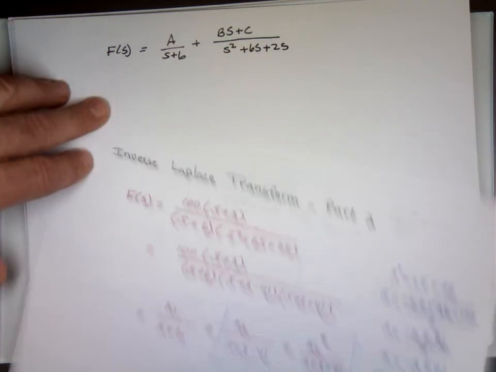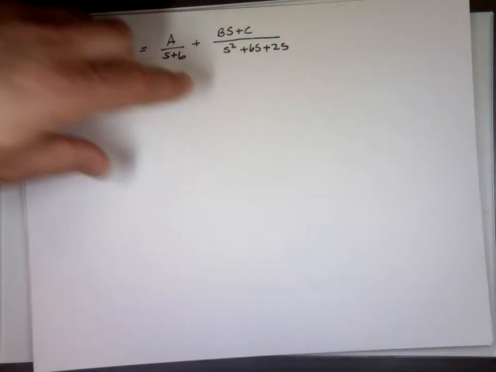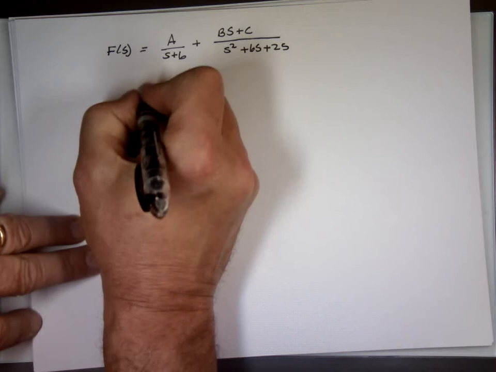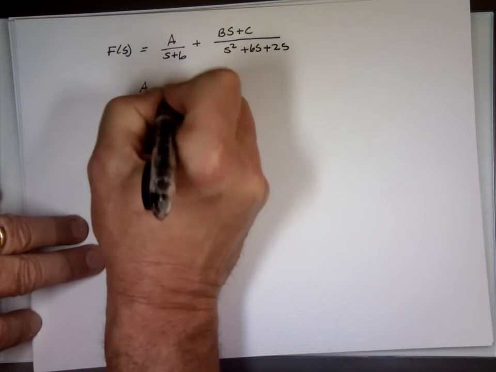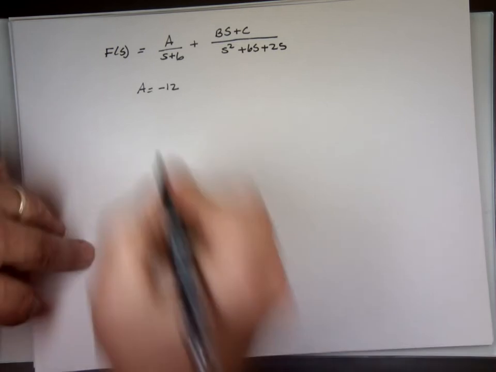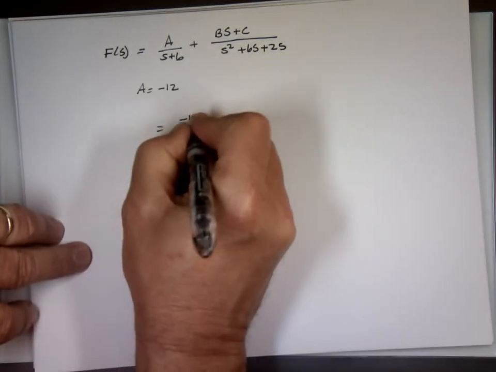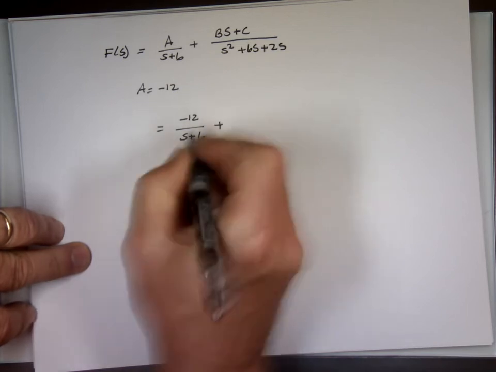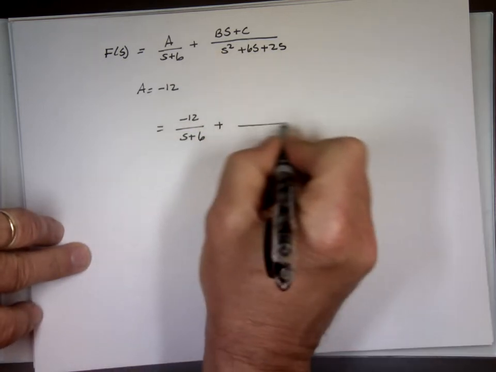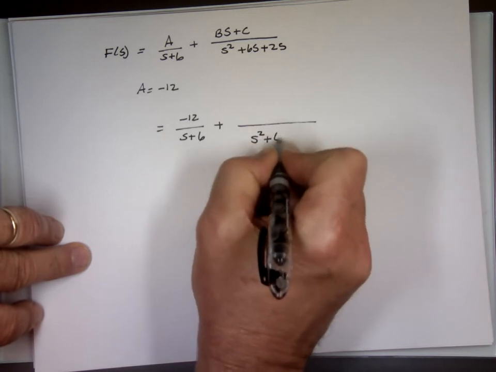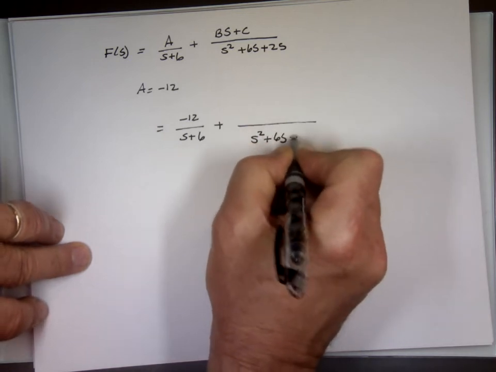Now, if I remember my math, we completed the square here. So we know A. I already know A equals negative 12. I just did that. So that doesn't change. So it's negative 12 over S plus 6. And now I've got to simplify this. I'm going to take the bottom and complete the square. That'll be S squared plus 6S. And now I'm going to take the 6 and divide it by 2.